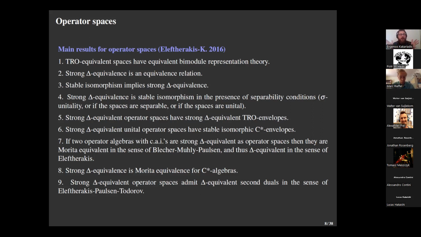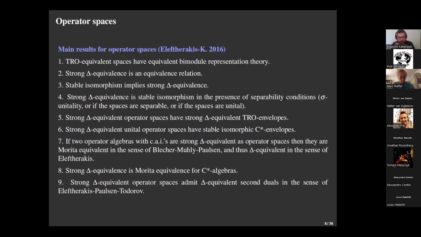In general, strong delta equivalent operator spaces have strong delta equivalent TRO envelopes. And if you're in a unital situation, then you get stable isomorphic C-star envelopes because you have unital C-star envelopes. If two operator algebras with contractive approximate identities are strong delta equivalent as operator spaces, then they are also Morita equivalent in the previous theories of Blecher-Muhly-Paulsen, and also in the sense of Eleftherakis.